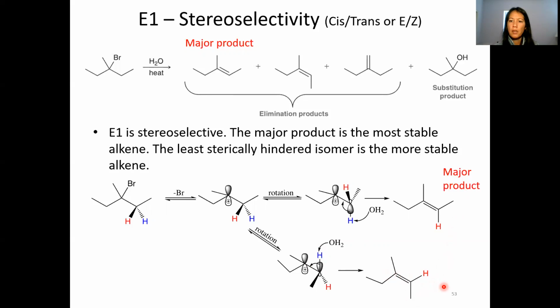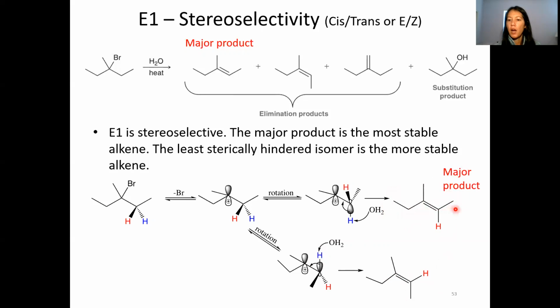Let me look at that. No, that's correct. I apologize. Here we have methyl versus methyl here. So there's some sterics here, but the other option would have been ethyl. So this is correct. You want to have the two bulkiest groups trans to each other.